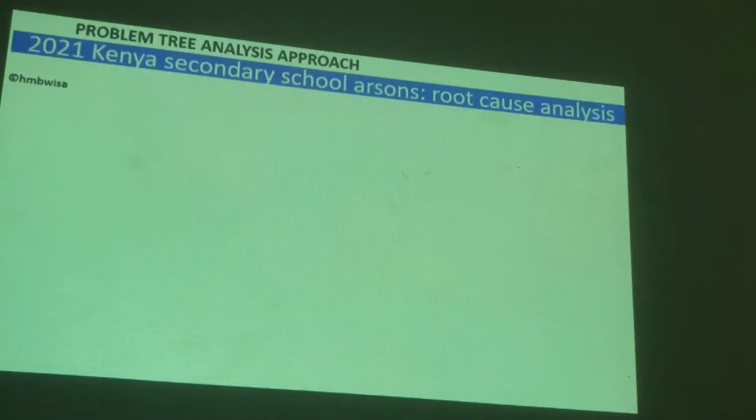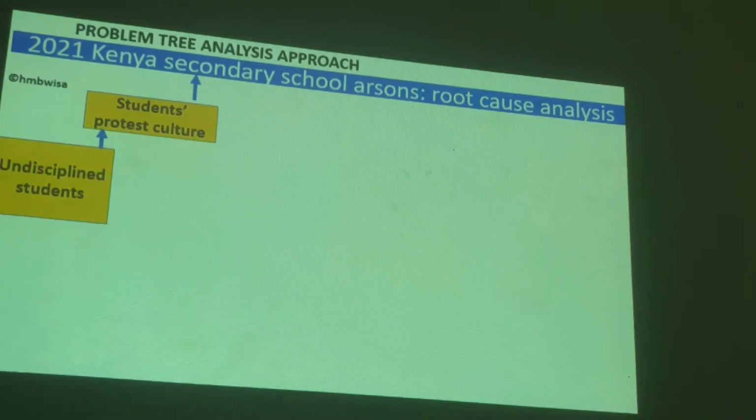And now we want to look at problem tree analysis approach of the 2021 Kenyan secondary school arsons. We want to do root cause analysis. Yes, students' protest culture. The students' protest culture is prevalent among Kenyan pupils and students.